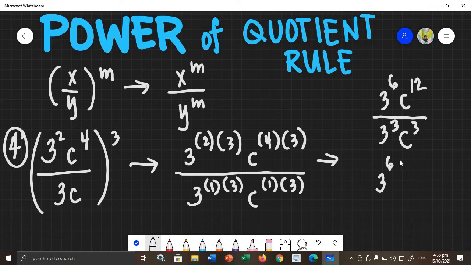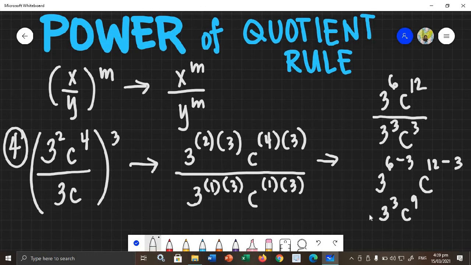So we have 6 minus 3, and then C, same sila ng base, so subtract natin exponent nila, 12 minus 3. So we have 3, 6 minus 3 is equal to 3. So 3 raised to the 3rd power, and then C raised to 12 minus 3, that is equal to 9.